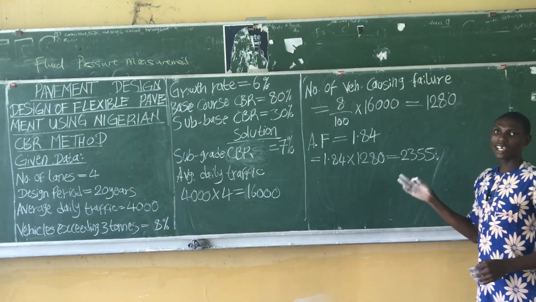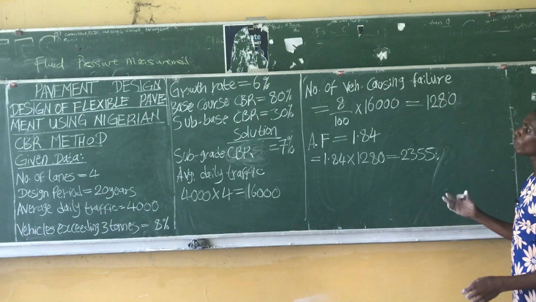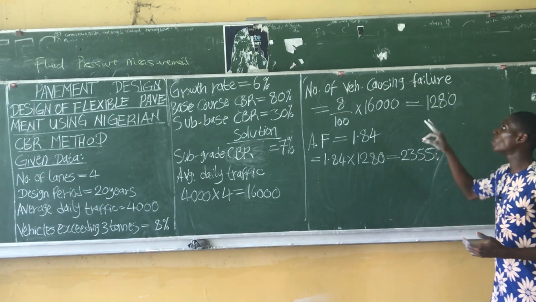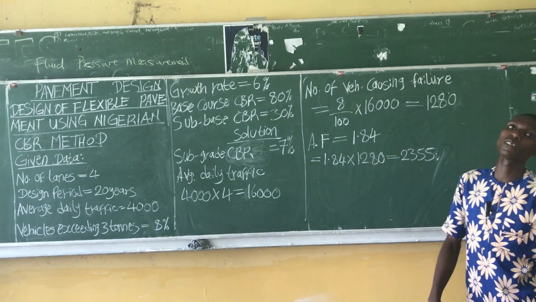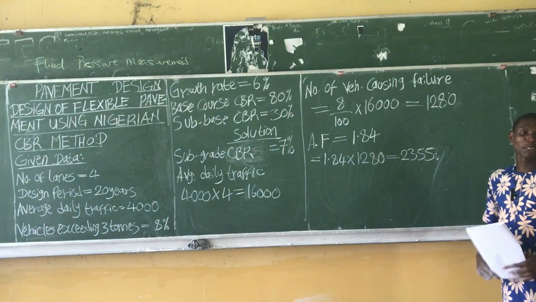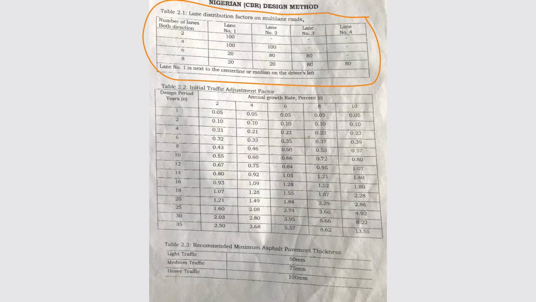So before we go ahead to design our pavement using this value, we also have to confirm, based on the given design lanes, what is the percentage of this vehicle that should be used. So we look at table 2.1, which is lane distribution factors on multi-lane. Remember the question says our number of lanes is what? 4. So we are designing for the most critical lane, which is lane 1. So for a 4 lane, what is the percentage of the factor that should be used? It is 100%.